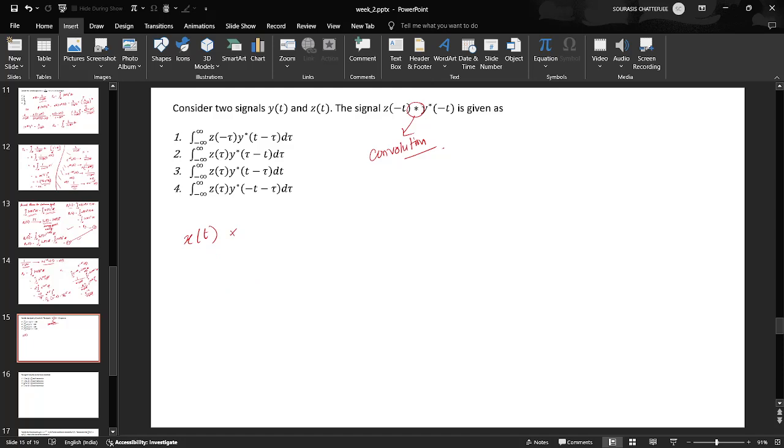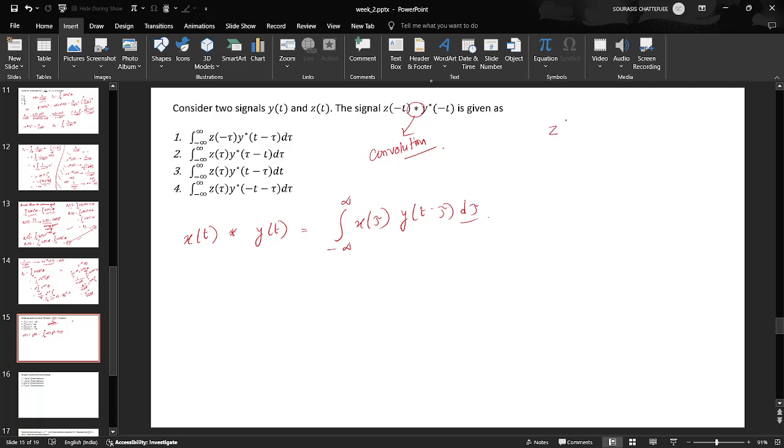We have x(t) and y(t). The convolution is given as the integral from minus infinity to infinity of x(tau) y(t minus tau) d tau, that is its convolution. Now let's see what we are given.